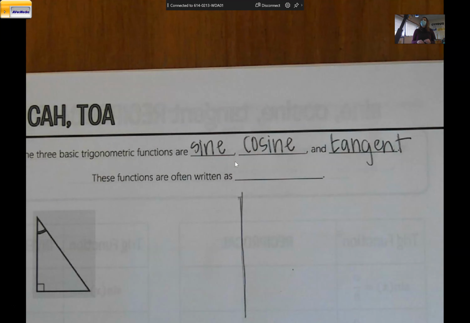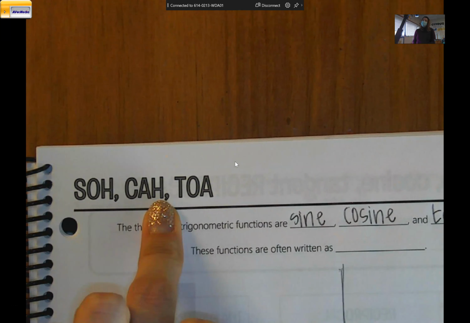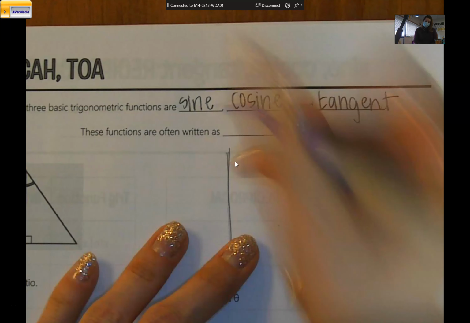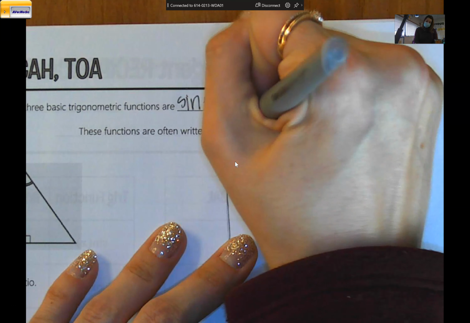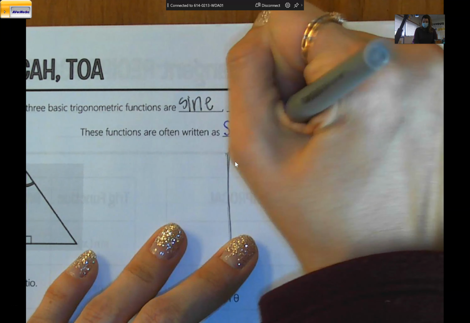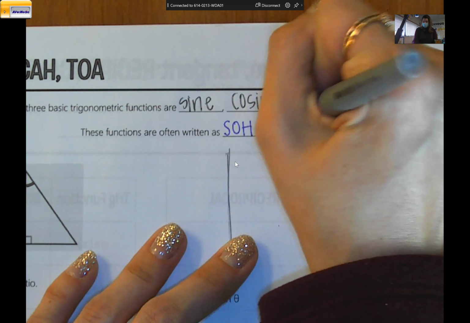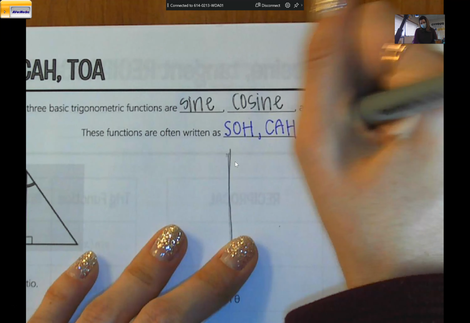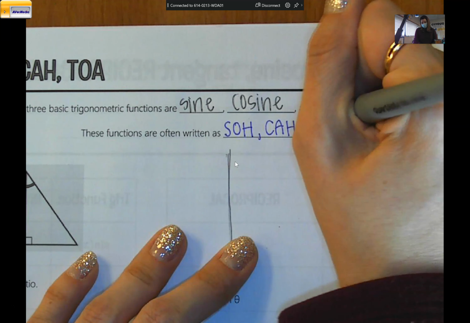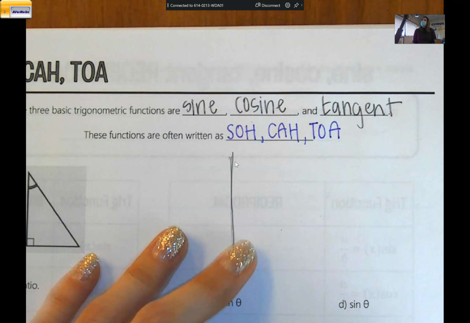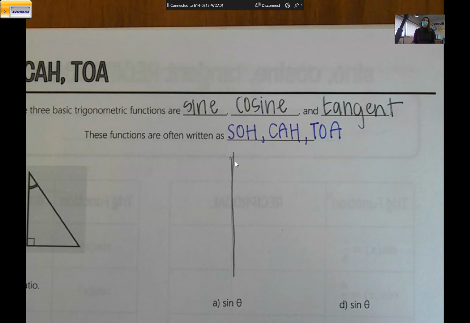These three functions are often written as SOHCAHTOA. So that's this phrase right here, SOHCAHTOA. S-O-H, so. C-A-H, cah. T-O-A, toa. SOHCAHTOA.